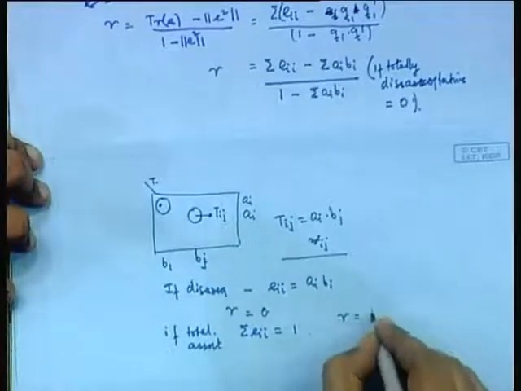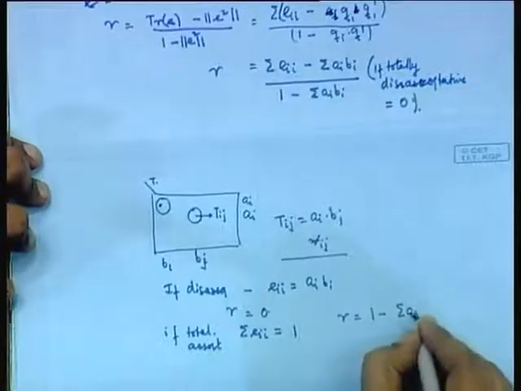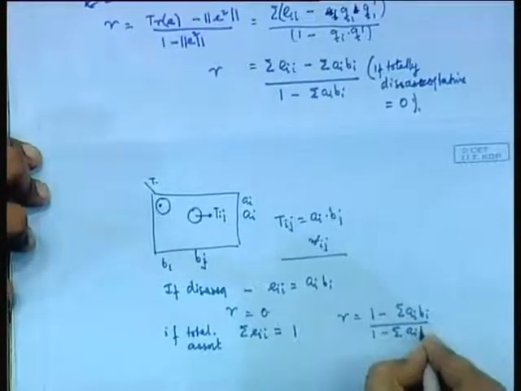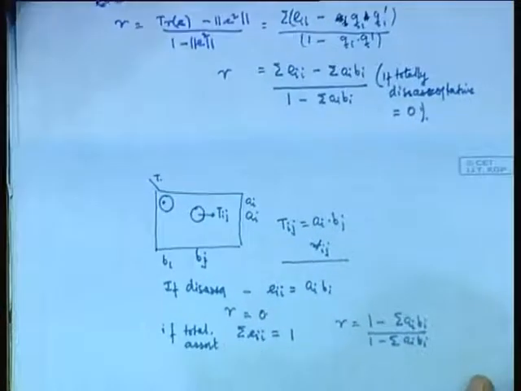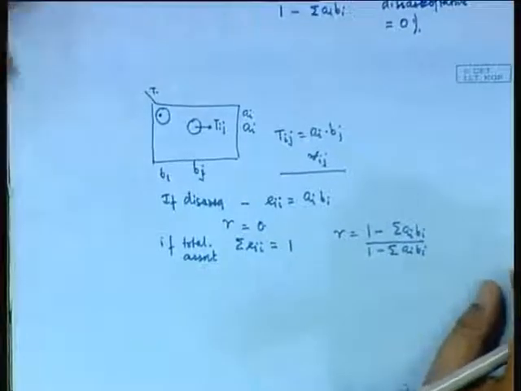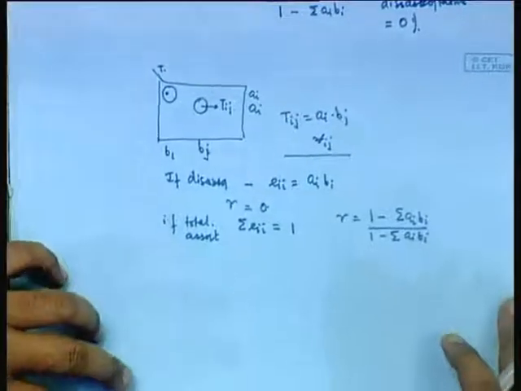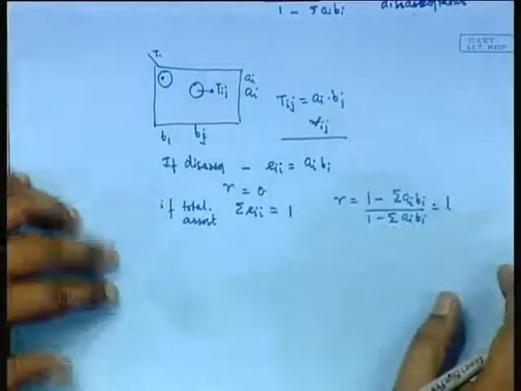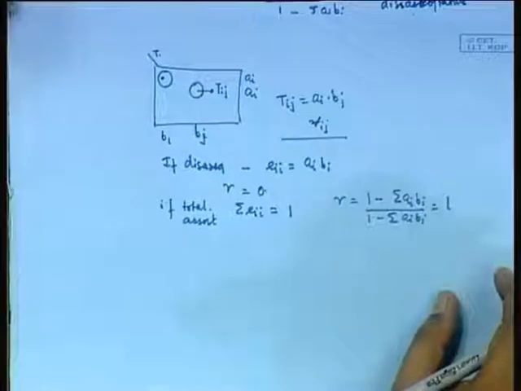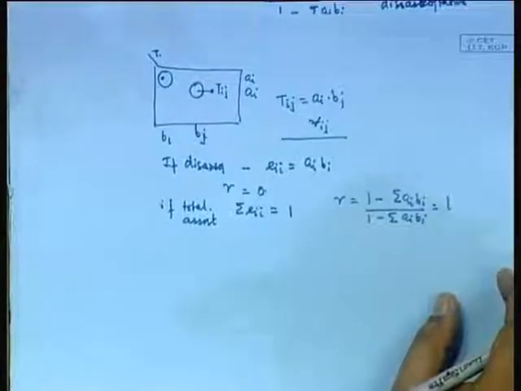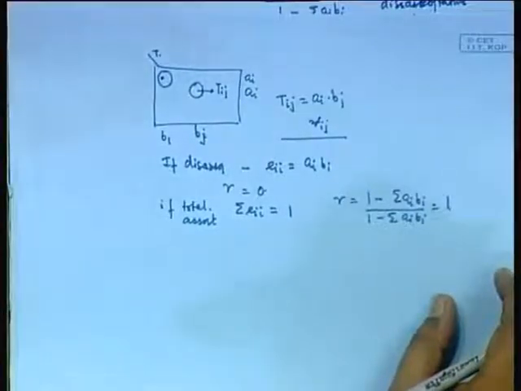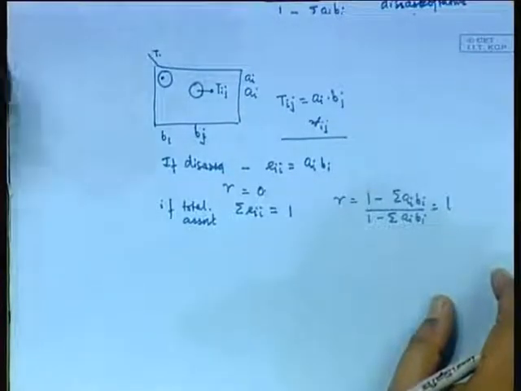So r becomes 1 minus summation of a_i b_i by 1 minus a_i b_i, that is 1. So it ranges from 0, if totally disassociative, to 1, if associative.